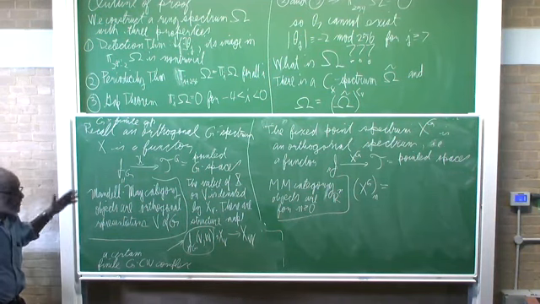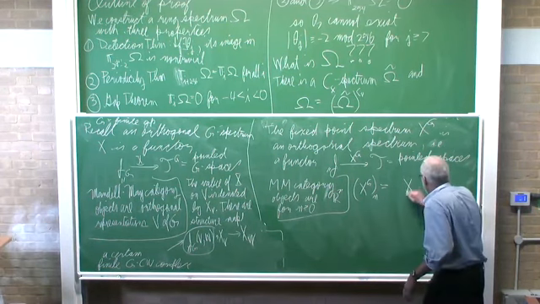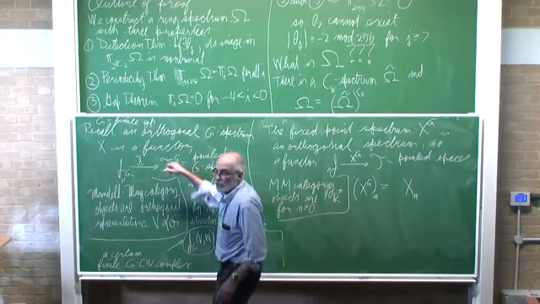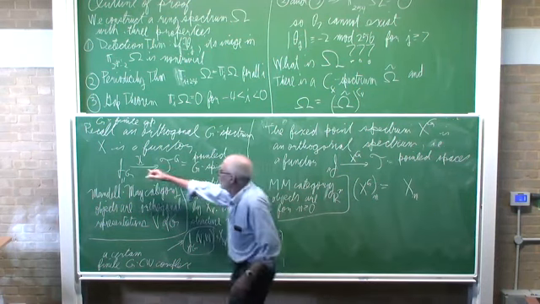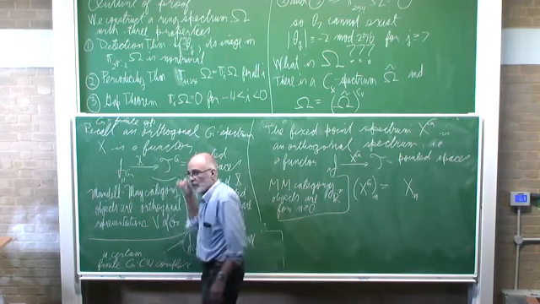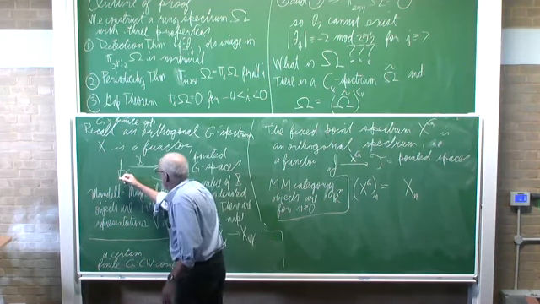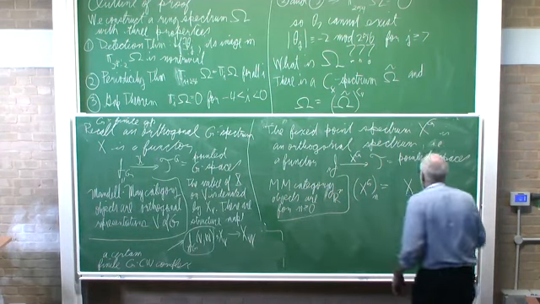No G action at all, trivial G action. So X sub n, by definition, is a certain pointed G space that's given by this functor. This functor assigns to every representation of G a pointed G space. In particular, it's assigned such to representations with trivial action, and that's the one I want to take.